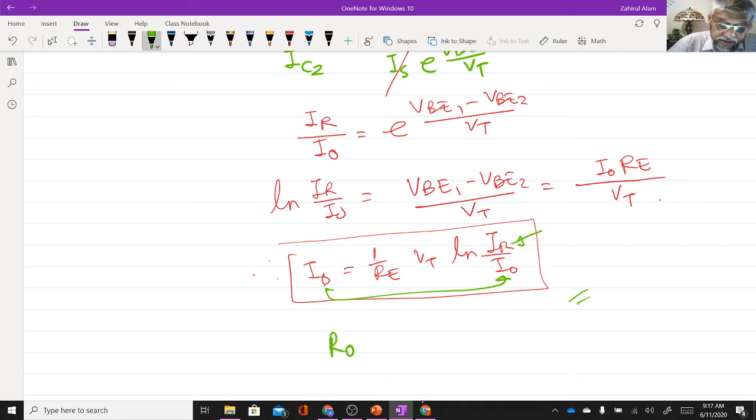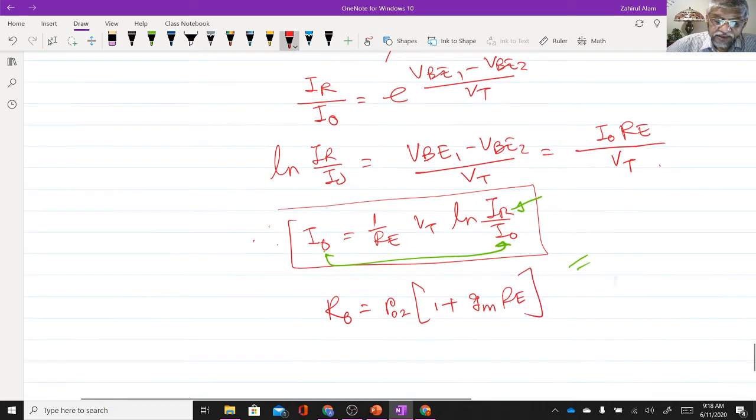Output resistance is equal to R0 times (1 plus GM RE).